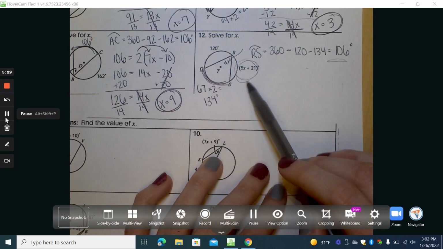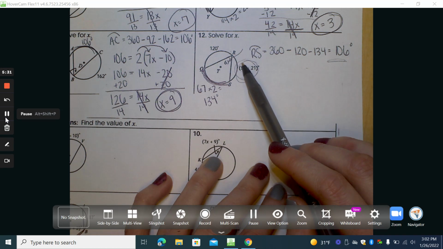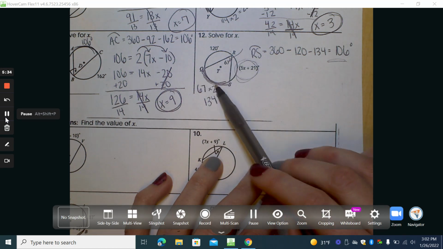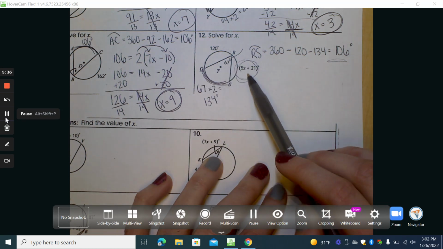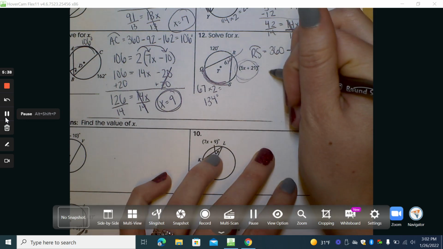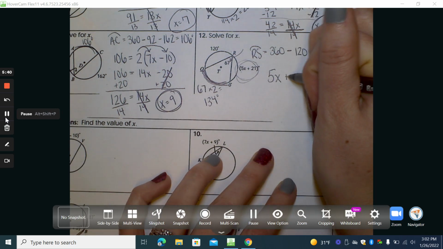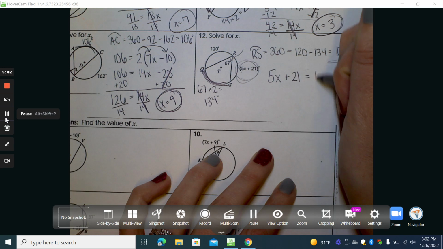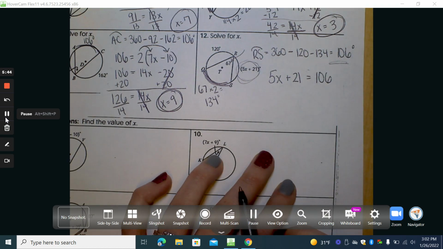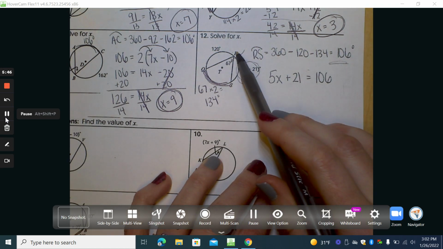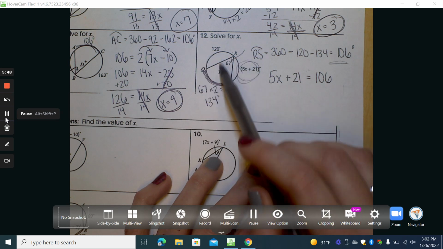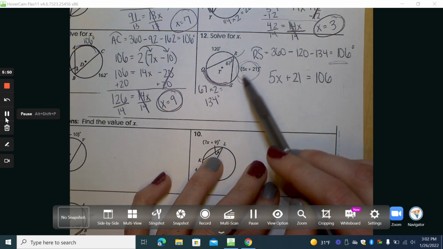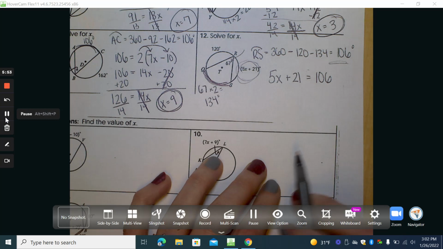If I can backtrack my way to this arc right here, I had to multiply by 2 to figure out this arc, but this arc doesn't have an inscribed angle. Instead, all I'm going to do is set up the equation 5x plus 21 equals 106. Because that's what this arc RS is, 106. 360 minus 120 minus 134 gives me 106.